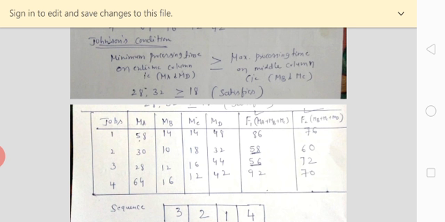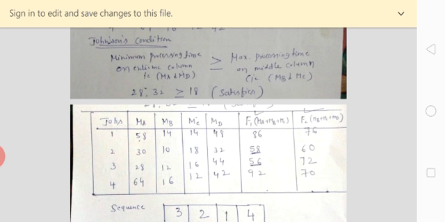Similarly, go on to F2. F2 is a combination of machine B, machine C and machine D. We need to add all the processing times of those machines. For example, the processing time of the first job on machine B, machine C and machine D is 14 plus 14 plus 48, which becomes 76.